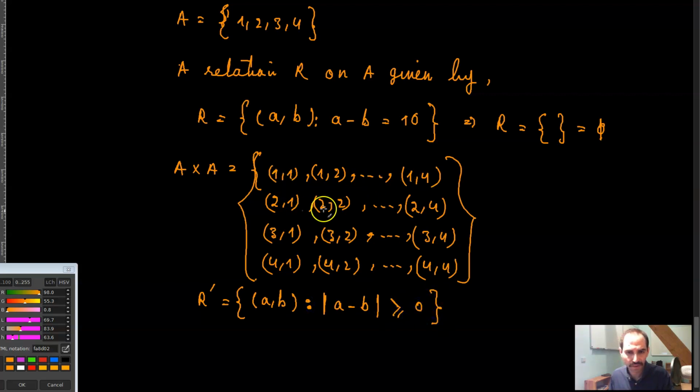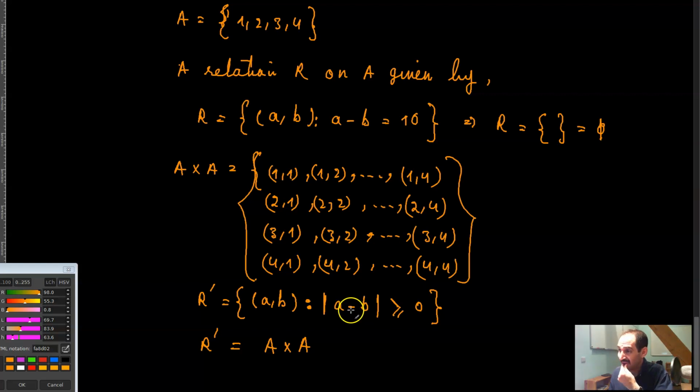Then of course all of these elements would belong to R prime, because as you can see, in the case of all of these ordered pairs, the absolute value of the difference of a and b is greater than or equal to 0. Which means that R prime is actually equal to the Cartesian product of A and A, right?